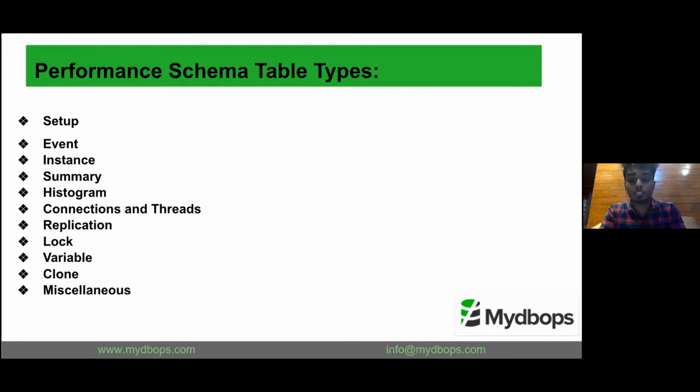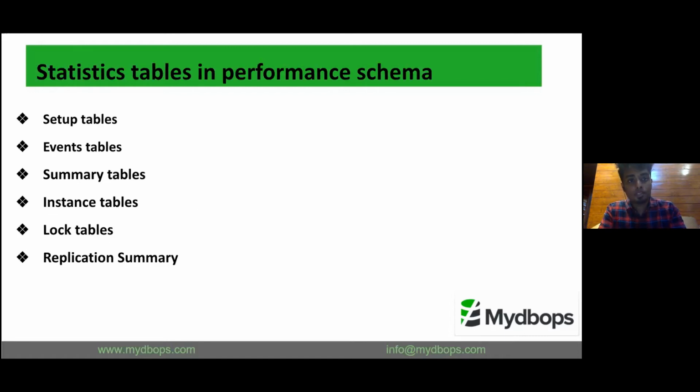The setup tables, as we said, consist of four things: consumers, events, instruments, and threads. These are the static tables: setup tables, events tables, summary tables, incident tables, log tables, and replication summary.